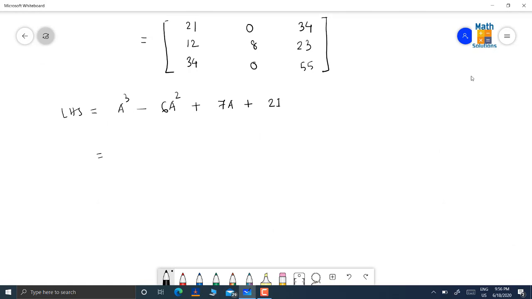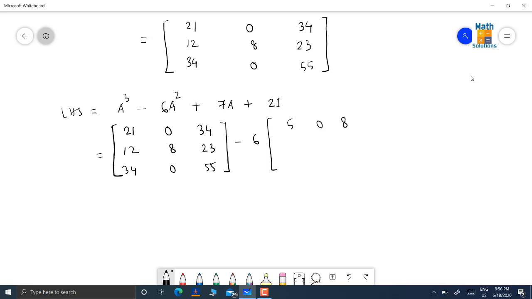So here I am going to put the value: 21, 0, 34, then 12, 8, 23, then 34, 0, 55. So this is the result for A cube. Then it is 6 here, then the value of A square we already got as 5, 0, 8, then 2, 4, 5, then 8, 0, 13.